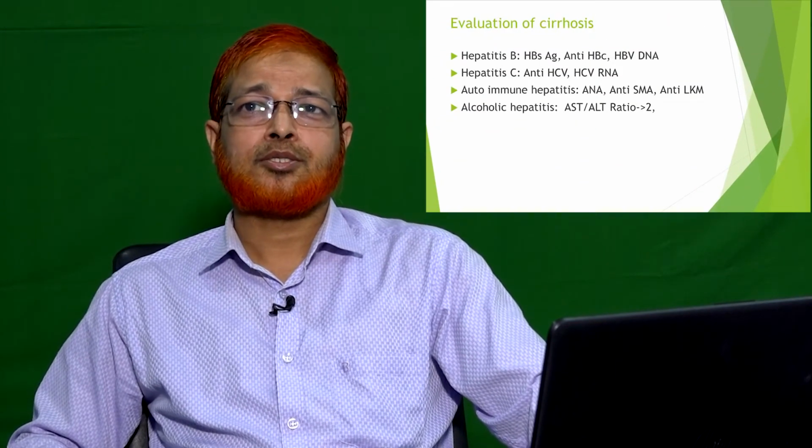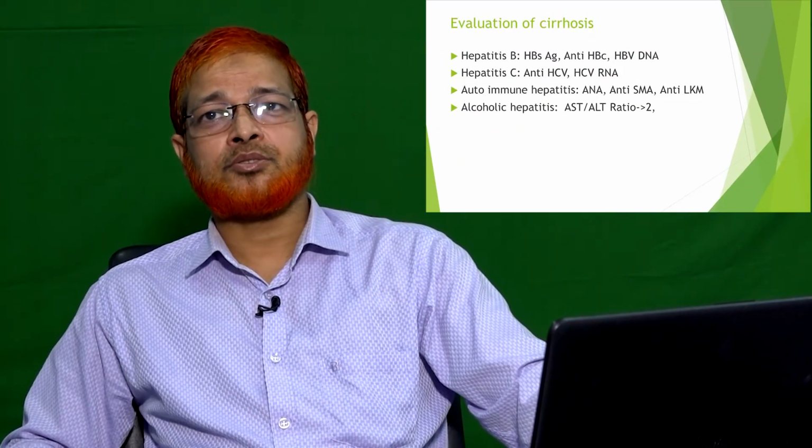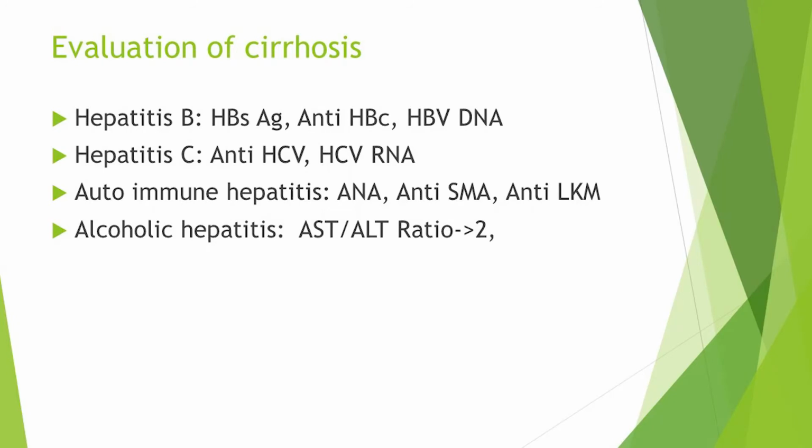How will you evaluate cirrhosis of liver? There is a long list of investigations, but some investigations are mandatory and commonly done. If you suspect the patient has cirrhosis of liver, first of all, you have to test for viral hepatitis.